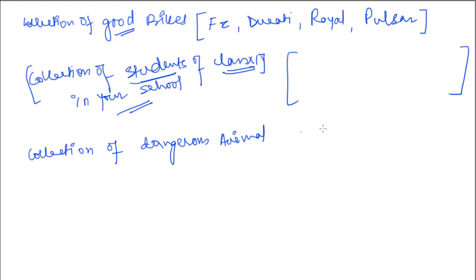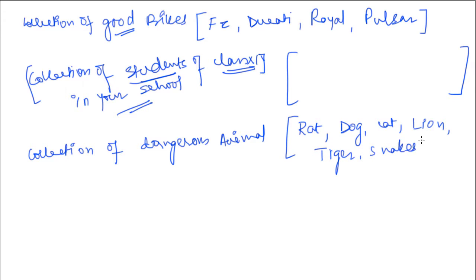Is it well defined? No. Why? Because someone is afraid of rat or dog or cat or lion or tiger or snakes. So this also varies from person to person. This is also not well defined. So this is also not a set. So this way we have understood what is a set and what is not a set. Means something which is well defined and which is same for everyone, means the definition should not change from person to person, that collection we can say is a set. Apart from that, we'll say it is not a set.